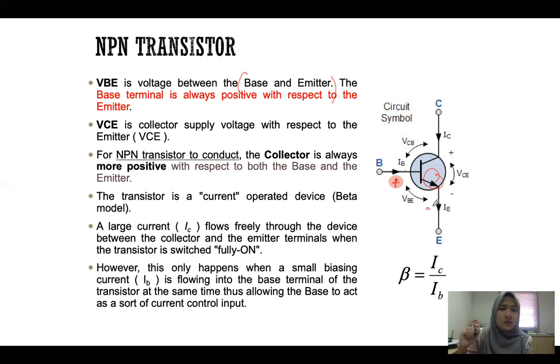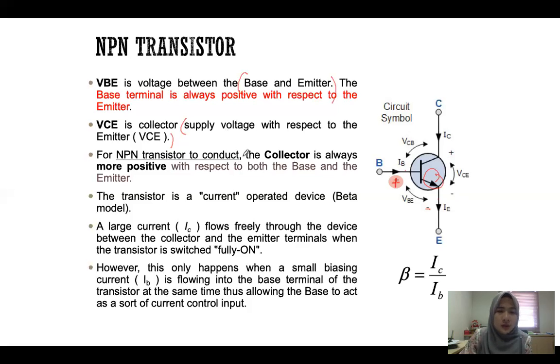Another voltage is the VCE. VCE is the voltage between the collector and also the emitter. So you have the VCE over here. What is the function of VCE? VCE is the collector supply voltage with respect to the emitter. So for an NPN transistor to conduct, the collector is always more positive with respect to both the base and the emitter.